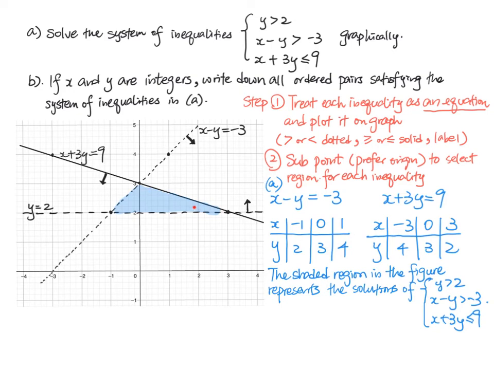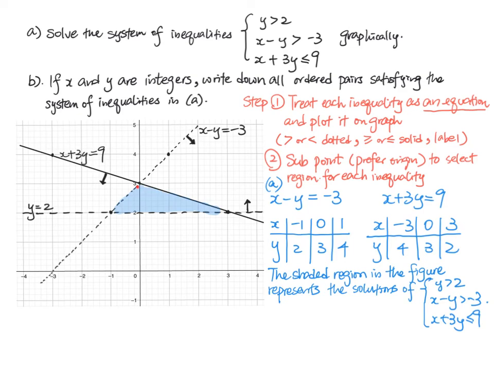The meaning is that every single set of coordinates in it will satisfy all of these three inequalities. For example, let's say this one. This is negative 0.2 and positive 2.2. If you put it into every single inequality here, it still works.